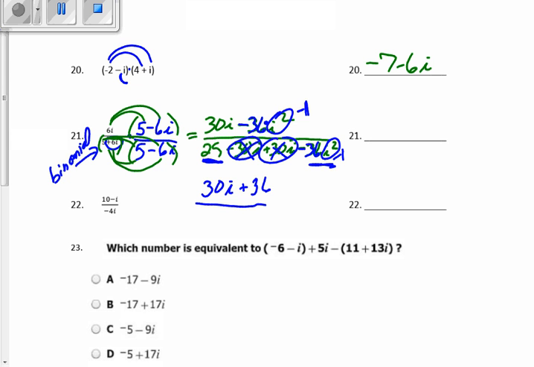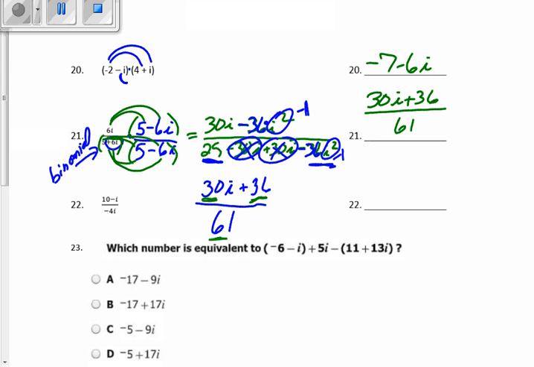We look then to see if we can reduce this. 30, 36, and 61. Are all of those divisible by the same number? In this case, no. So that is our final answer: 30i plus 36 divided by 61. So that's what you do with binomials.